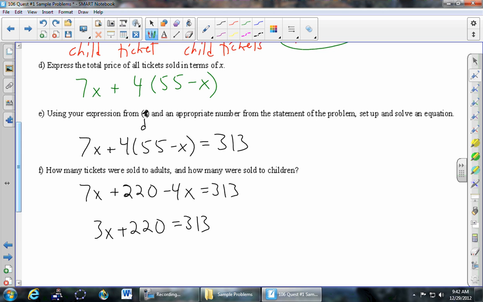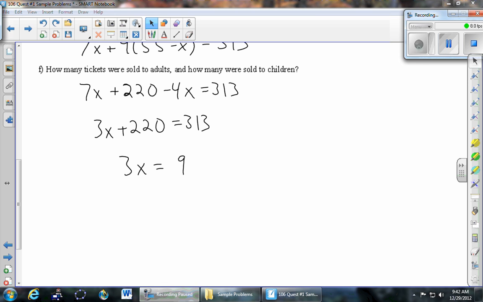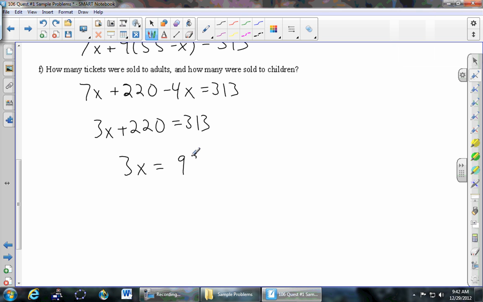We'll subtract 220 from both sides. And then divide both sides by 3. And we get x equals 31.